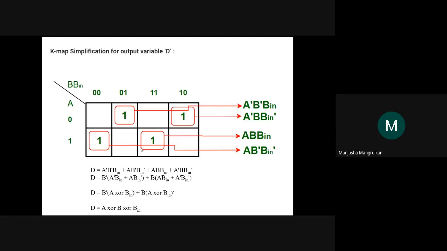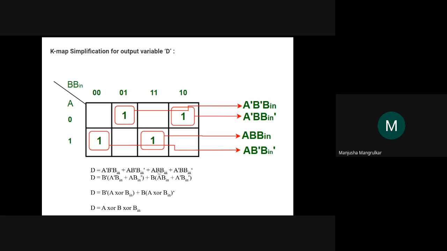For this, A, B, Bin, no complement. If I am adding all these terms, I take B complement common, so A complement B plus A B complement means this is what? A XOR B, right?